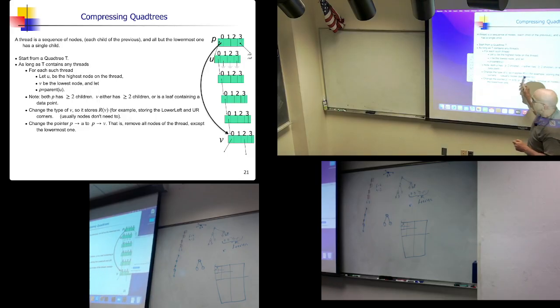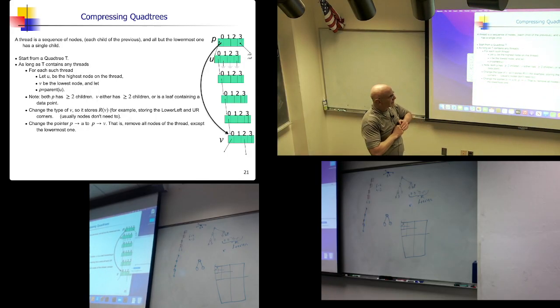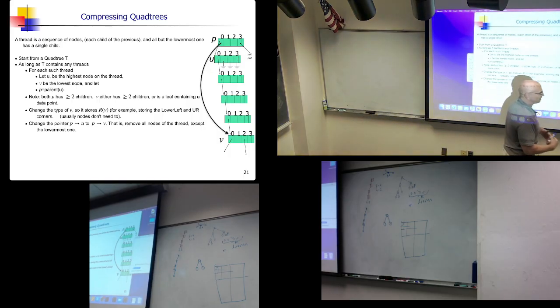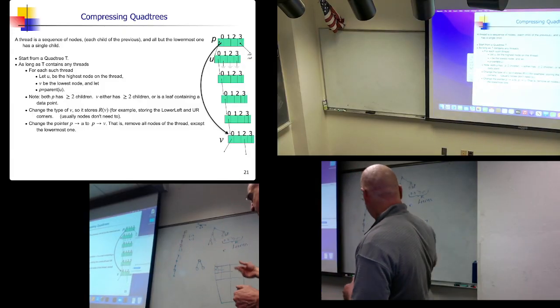Now, there is a little caveat that might be an issue, because quadtrees are so simple and so fast to implement. Normally, nodes in the quadtree don't need to store what region they correspond to.